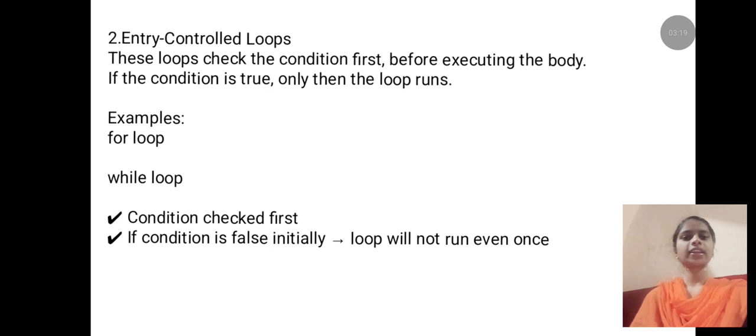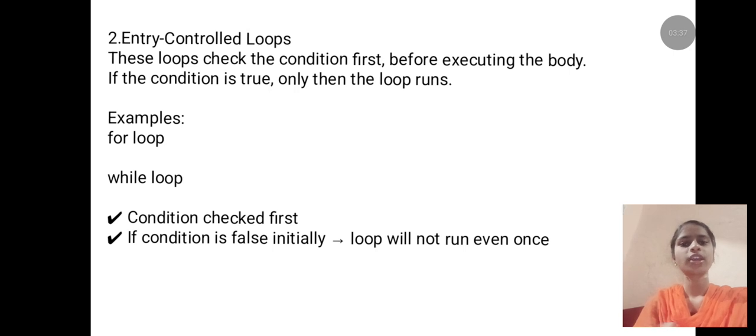Second one is entry control loops. These loops check the condition first before executing the body. If the condition is true, only then the loop runs. Which means the condition is checked before executing the statements.